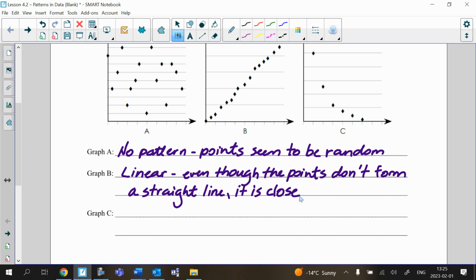But how about this one? Well, it's an inverse relationship, you're right. As one goes up, the other comes down. Would you call it linear? No, we would say this is nonlinear. It's more of a curved pattern, okay?